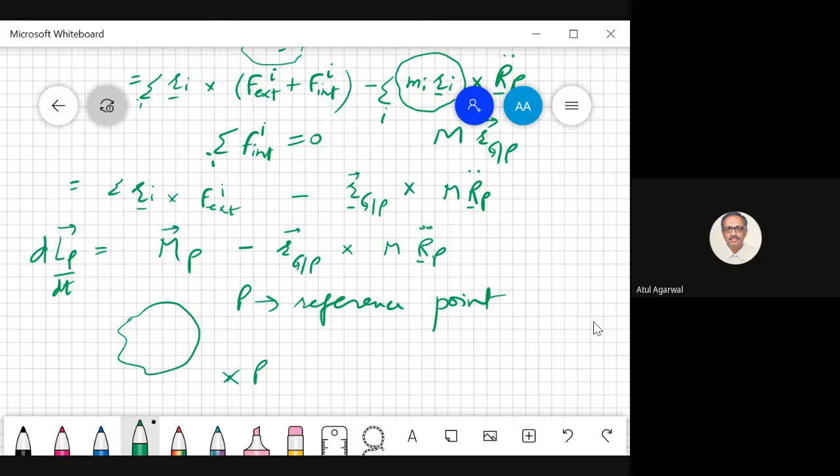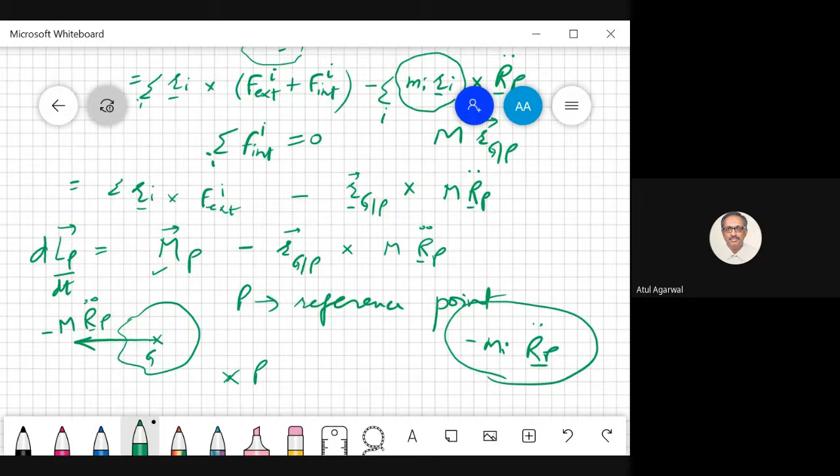It is equal to the torque caused by the external forces plus you assume there is an inertial force acting at the centroid, and that inertial force is minus M Rp double dot. Can you see? You are assuming that every particle of the body is suffering an inertial force equal to mi Rp double dot. This inertial force is there on every particle.